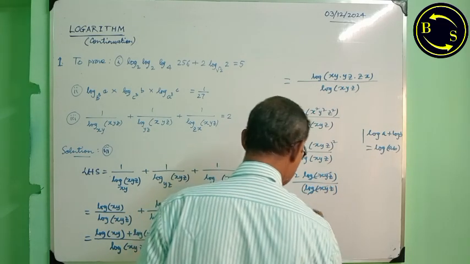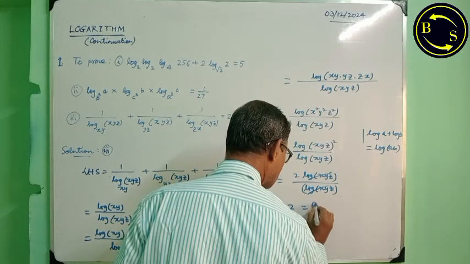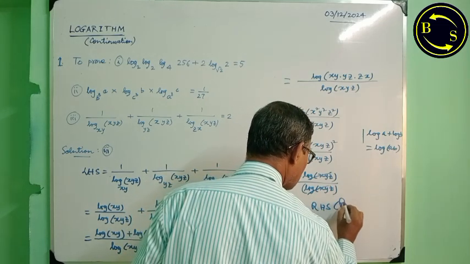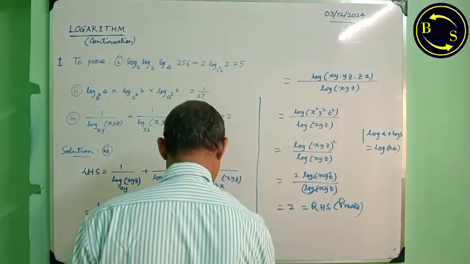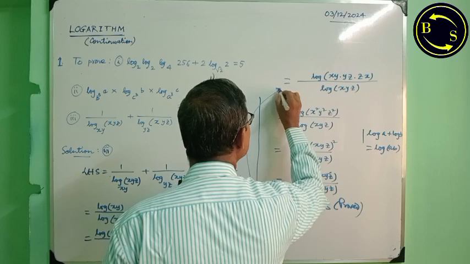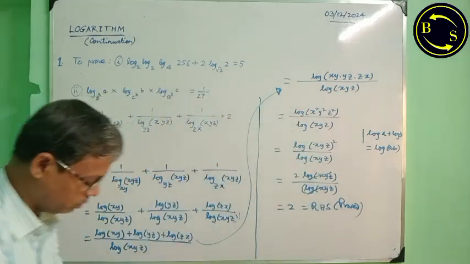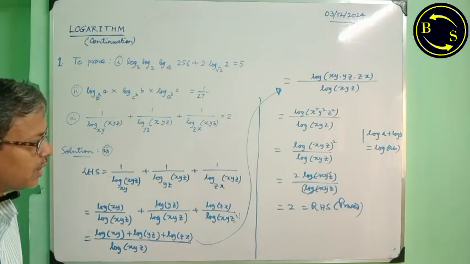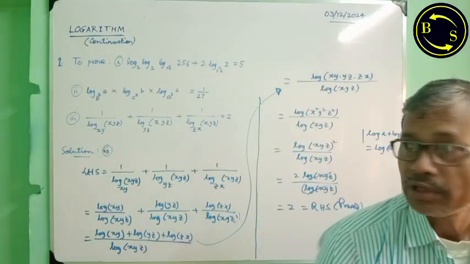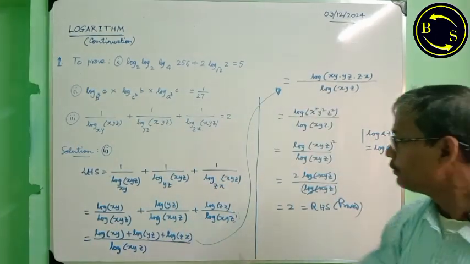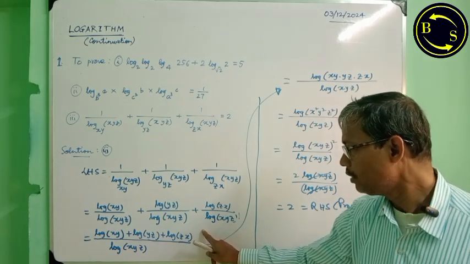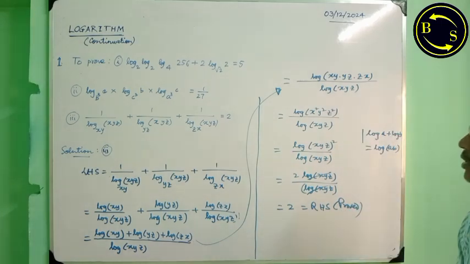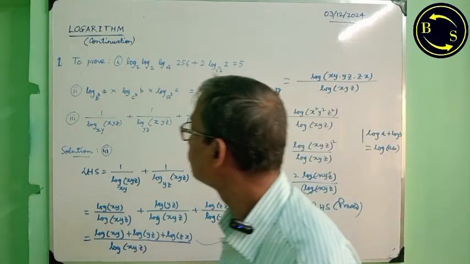These two cancelled, therefore finally we get 2. I think students have understood. In the first step, I used the base changing formula, then these steps followed. Therefore, we have worked out the first 3 sums today.